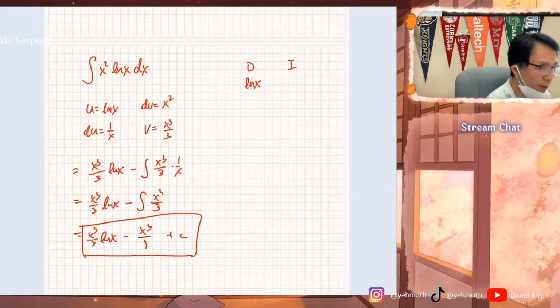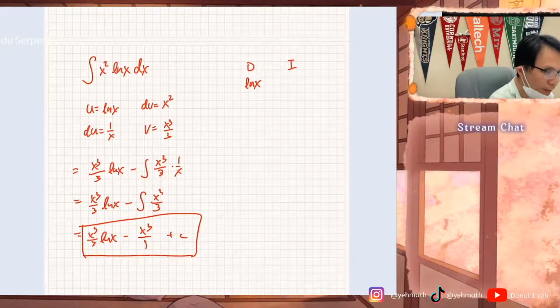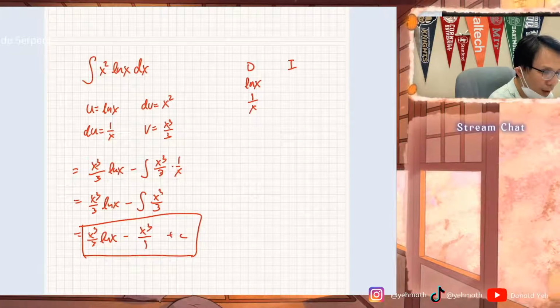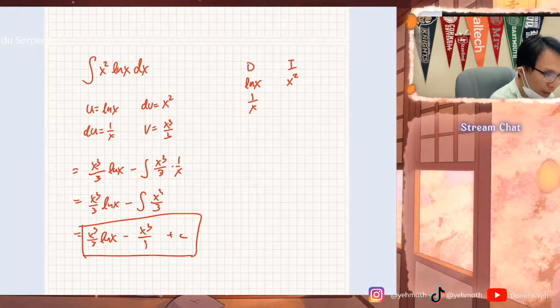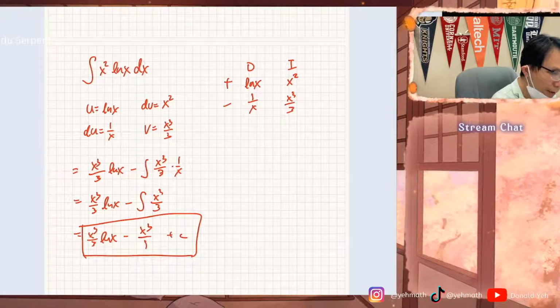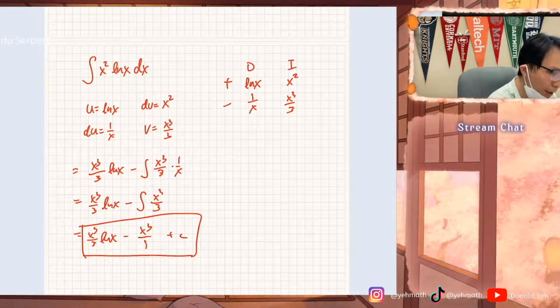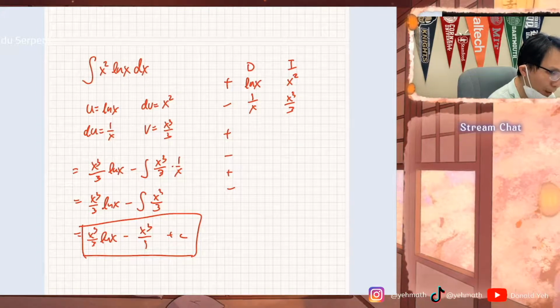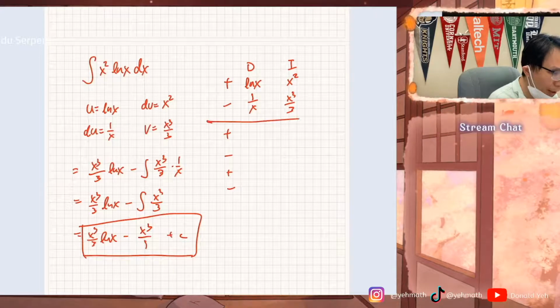Ln of x, and the derivative is 1 over x, and the integration of x squared is x cubed over 3. So plus, minus, always like this. It can keep on going, plus, minus, but in this case, you stop right here.